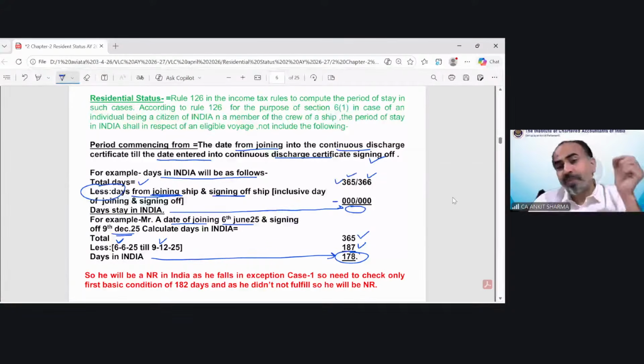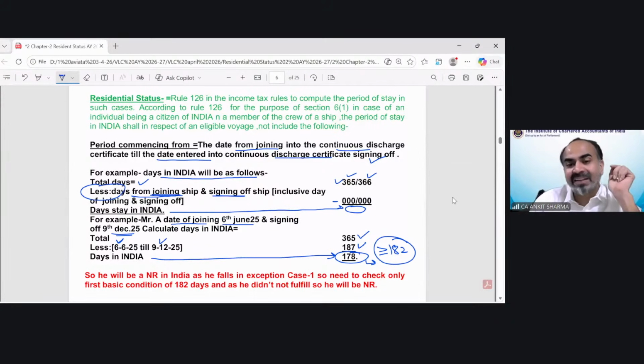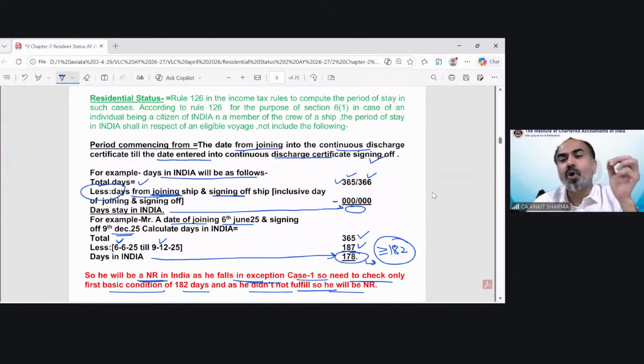And because crew member falls in the B category first point, so only he will be treated as resident if he fulfills the 182 days condition. So he is in India only for 178 days. So he will become a non-resident as he falls in exceptional case number 1. So need to check only the first basic condition of 182 days as he did not fulfill. So he will be non-resident.